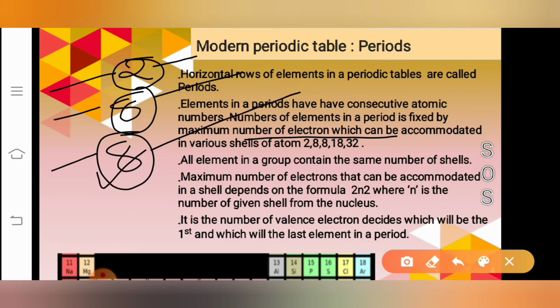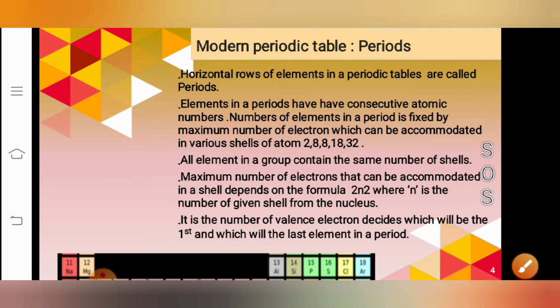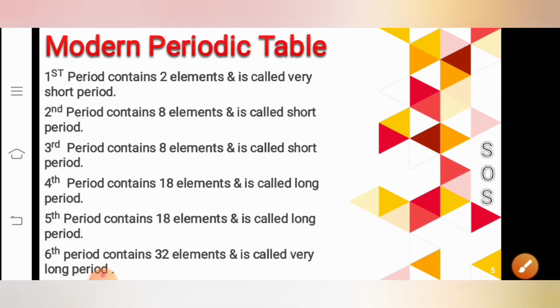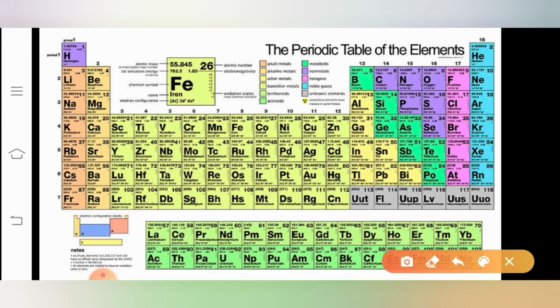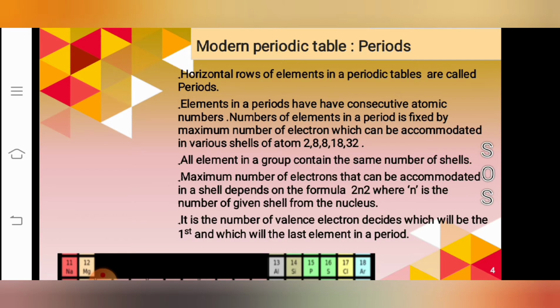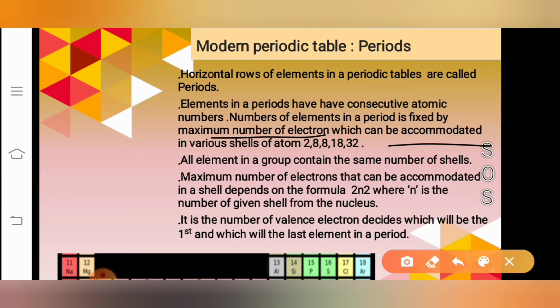And the last element in the third period, look here, is argon, right? It is 18, so it is 2, 8, 8. It is also accommodated by 8 electrons on its outermost shell. Correct? So that is how we decide. That is, the number of elements in a period is fixed by the maximum number of electrons which can be accommodated in the various shells of an atom.